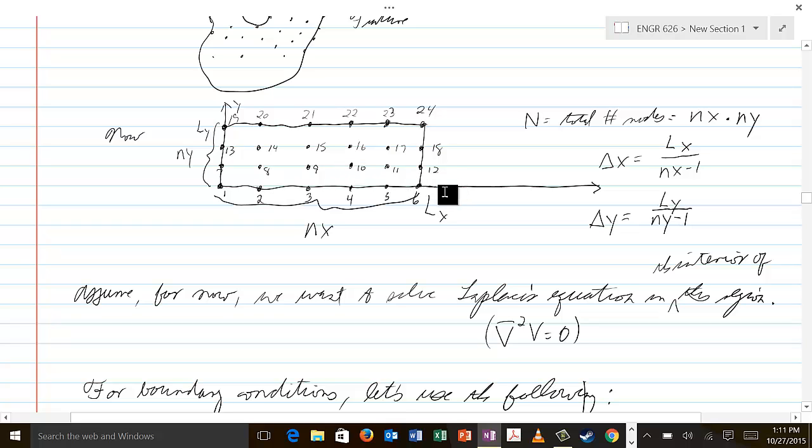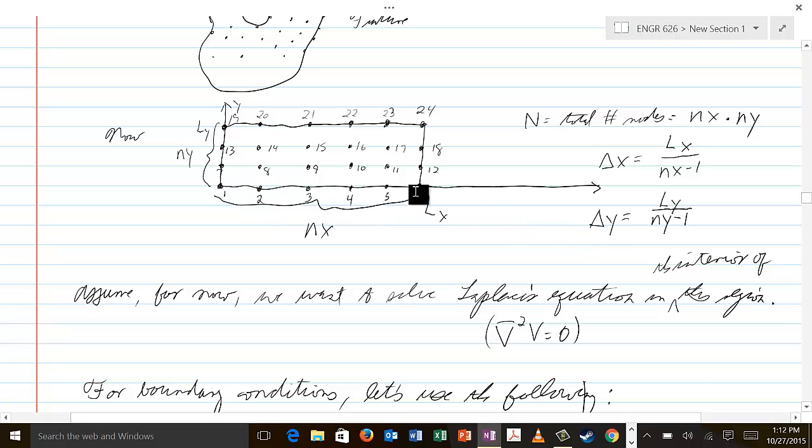This is similar to the kinds of equations you've had before in our one-dimensional problems. And similarly, the spacing in the y direction will be L sub y divided by ny minus 1. Both of these are constants. However, these two constants don't have to be equal to each other. Generally, they will be pretty close to each other in value, but they don't need to be exactly the same.